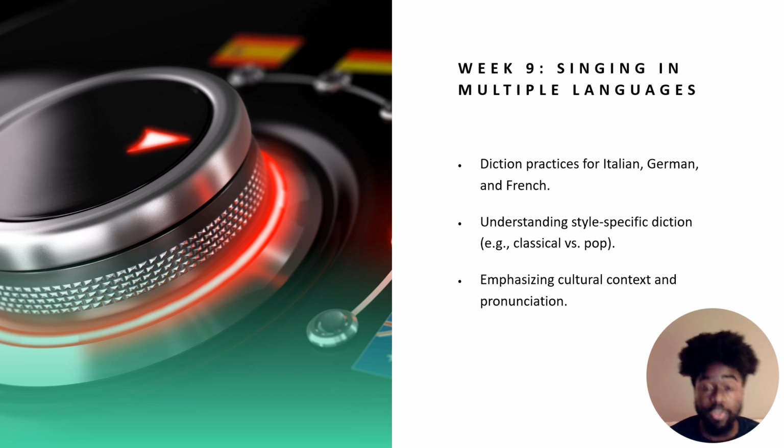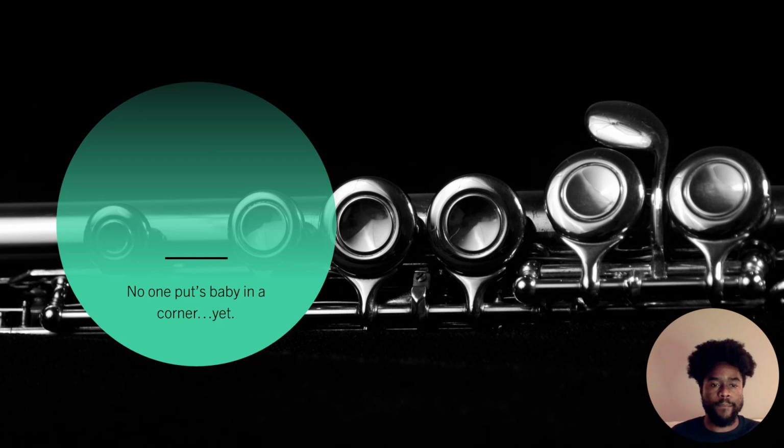As I was just mentioning in the previous week, we'll go into more ways to really utilize this understanding. And then we will also do some different kind of study, a language and art study, emphasizing cultural context and pronunciation, which ties into bullet point number 2.